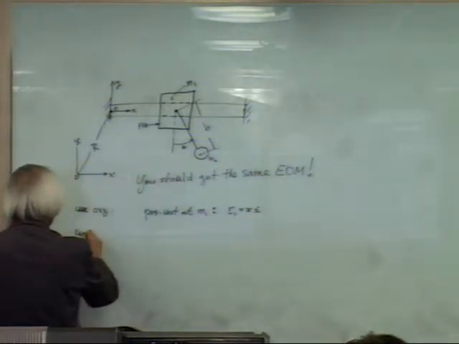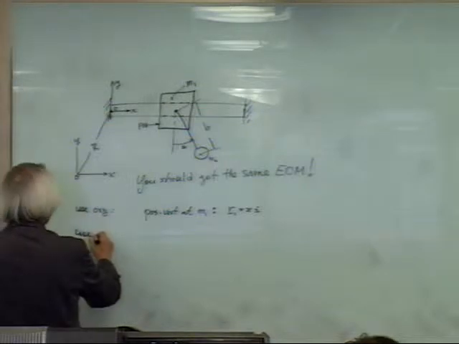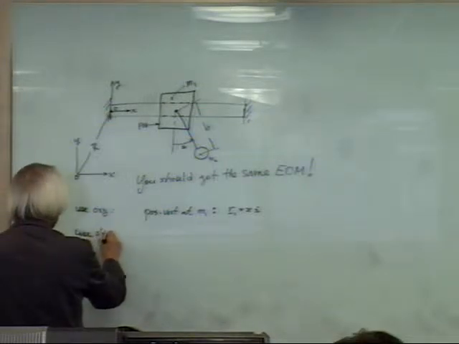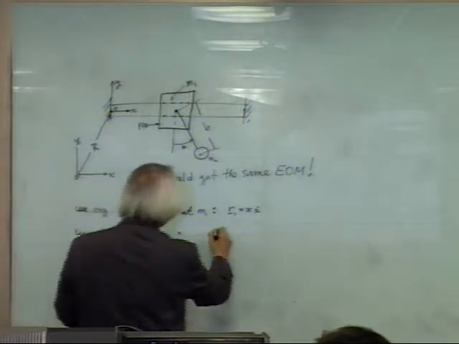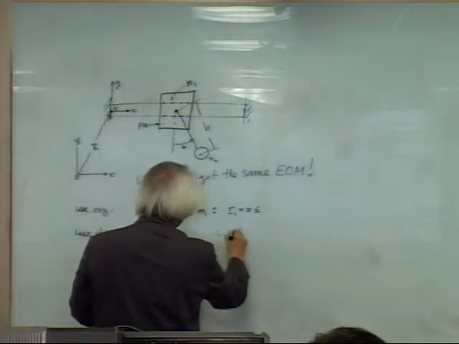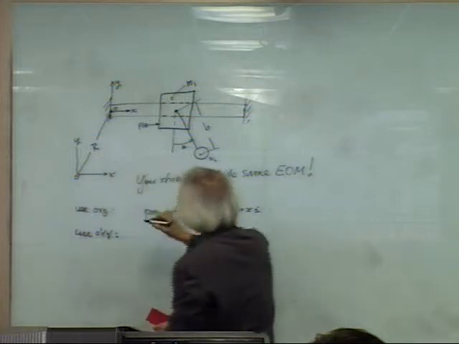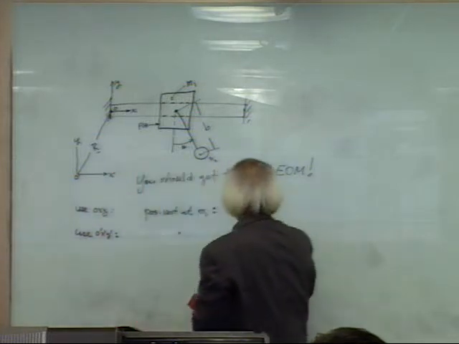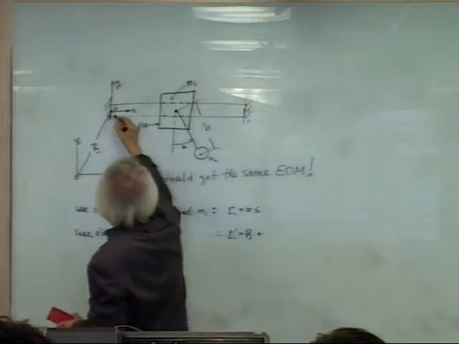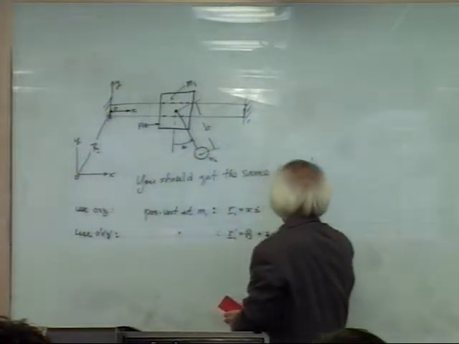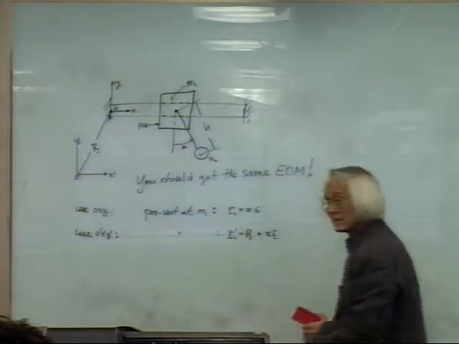Now, when you use O prime, x prime, y prime, the position vector of M1, r1 prime, is R plus from here to there, that is xi. Right?